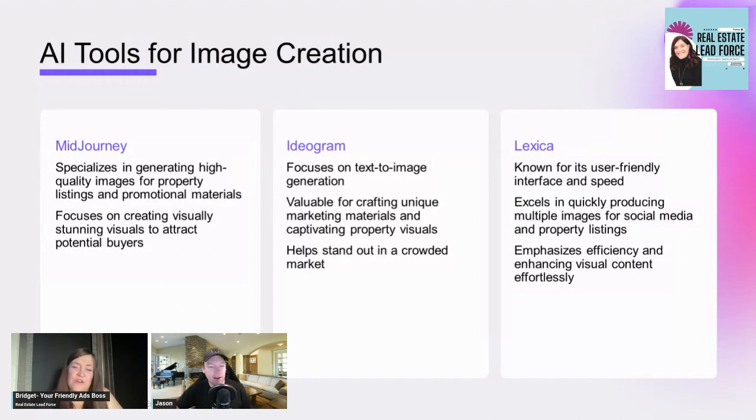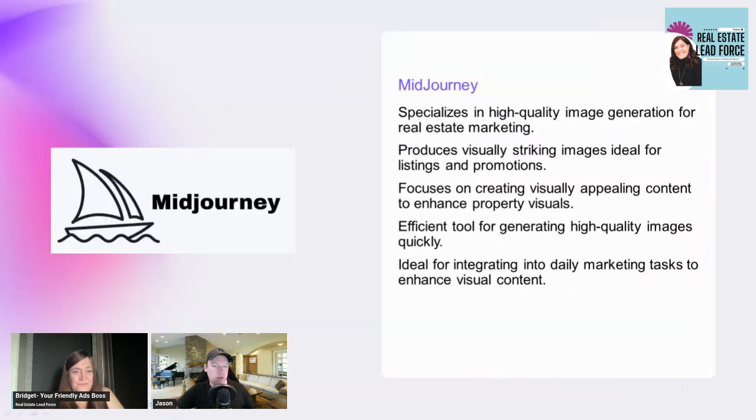Very similar with Dolly. A lot more of our audience might know Dolly more than Midjourney because Dolly is connected to ChatGPT. But then there's a couple of other dark horses that I found that I figured would be pretty useful to our audience here: Ideogram and Lexica, and we'll go into those in a minute. But first, we'll go into Midjourney.